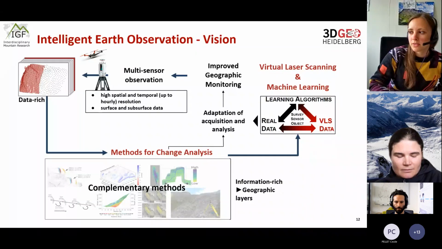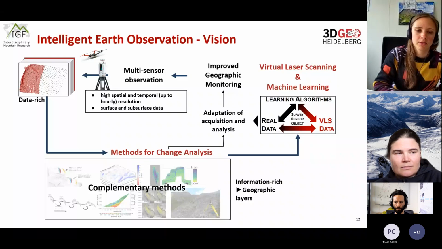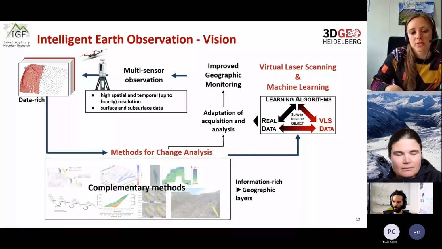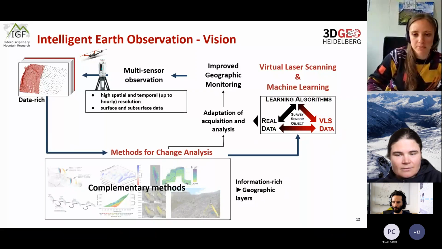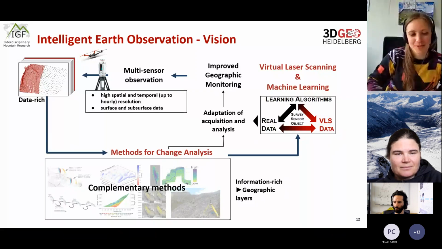The idea is, based on the information or observations that we already have, simulating different scenarios of change and using these simulated data, for example, to train algorithms to learn how different changes might be represented in the data, or to find out which are suitable parameters to observe or monitor a specific phenomenon, with the goal to improve the geographic monitoring of the phenomenon. So we are working on the different parts of it, and maybe in the future it can be brought together.